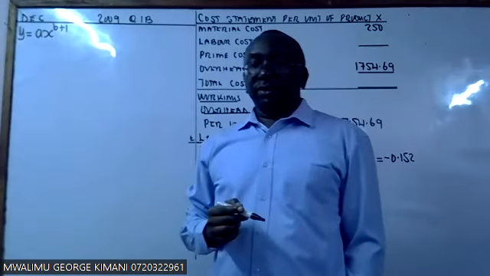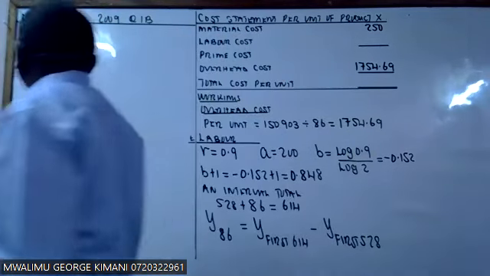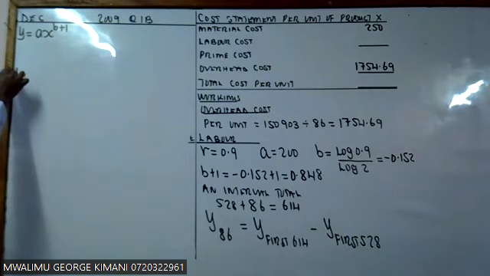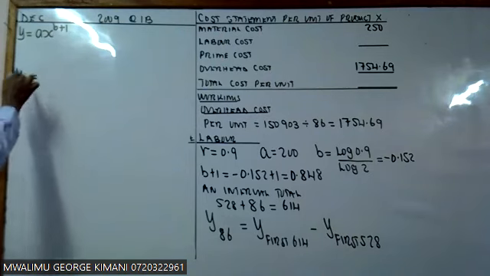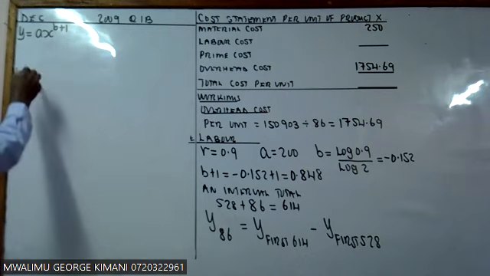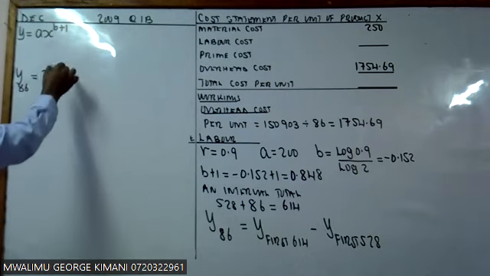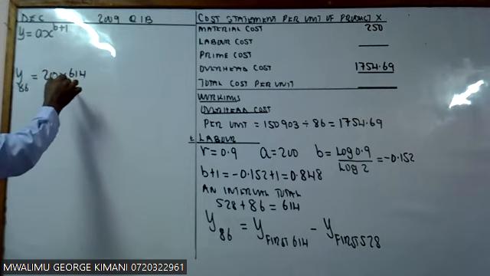That is the formula for the total. So if that is the formula for the total, then Y for the 86, we already know our A. Our A is 200. So it is 200 multiplied by 614.